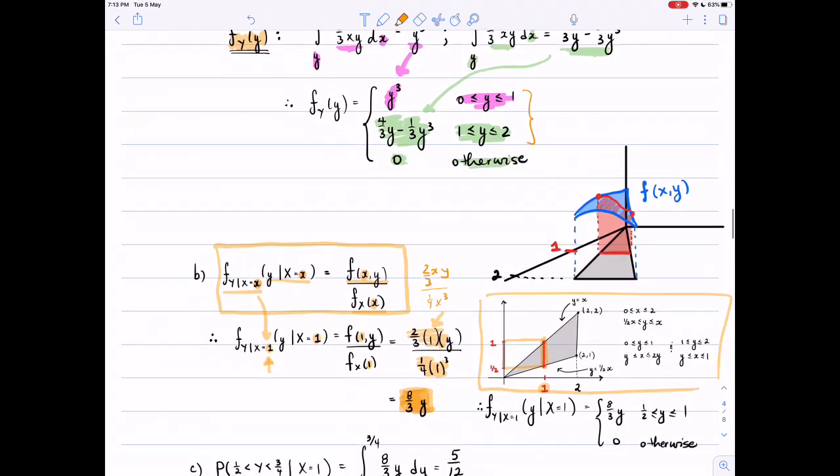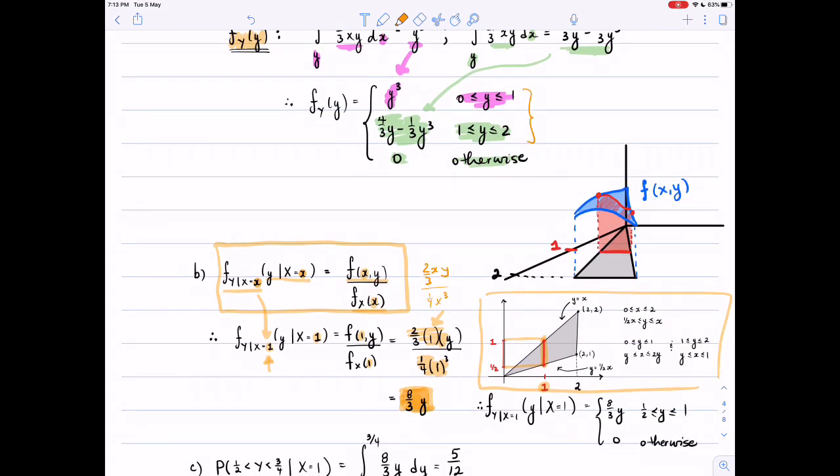So when I kept saying above, over the appropriate support, this 8/3 y as a final answer is wrong, because it is 8/3 y for y between 1/2 and 1, because that's what happens to the y values when we restrict x equal to 1, and 0 otherwise. So this is the complete answer.